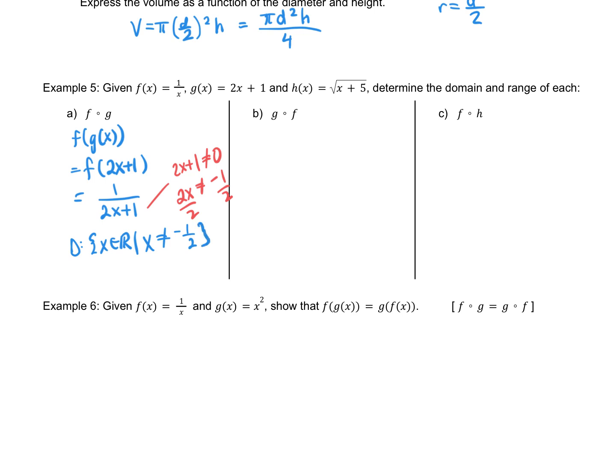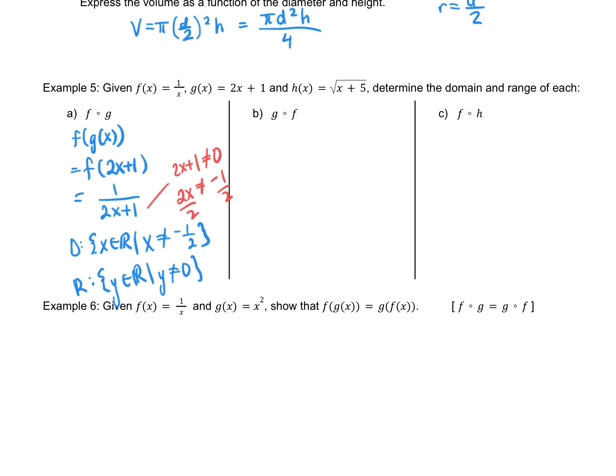That's my domain. And then my range, we know that the rational functions also have horizontal asymptotes at y equals 0. And because I don't see any up-down movement here, we're going to have the same restriction. Or we could also look at it as the horizontal asymptote. Because the degree in the numerator is less than the degree in the denominator, the horizontal asymptote is at 0.